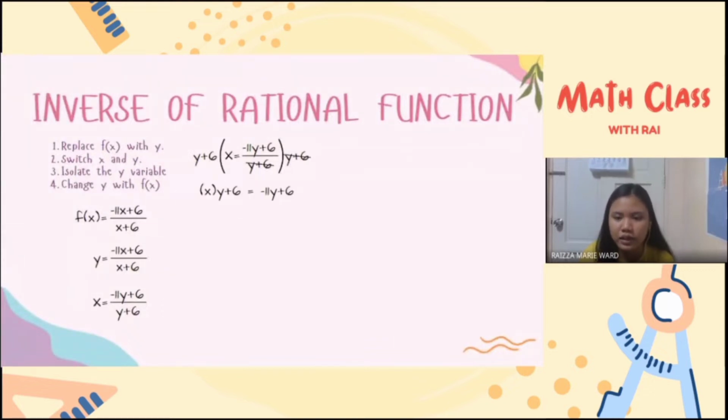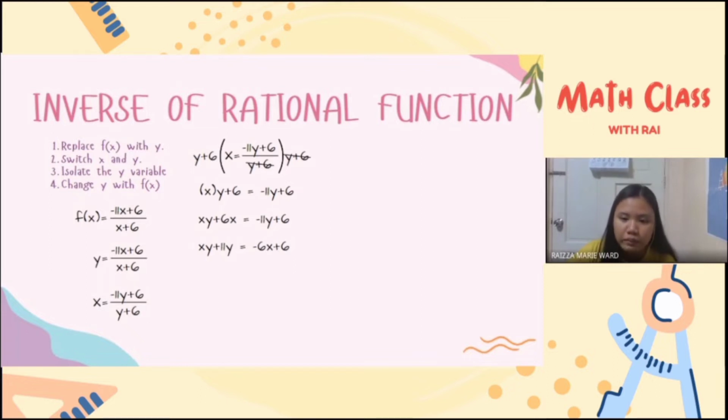Then, it will be x times (xy + 6) is equals to -11y + 6. Distribute the x sa left side, bali, it will be xy + 6x is equals to -11y + 6. To isolate the y variable, itatranspose natin lahat ng may y sa left side and yung wala ililipat sa right.